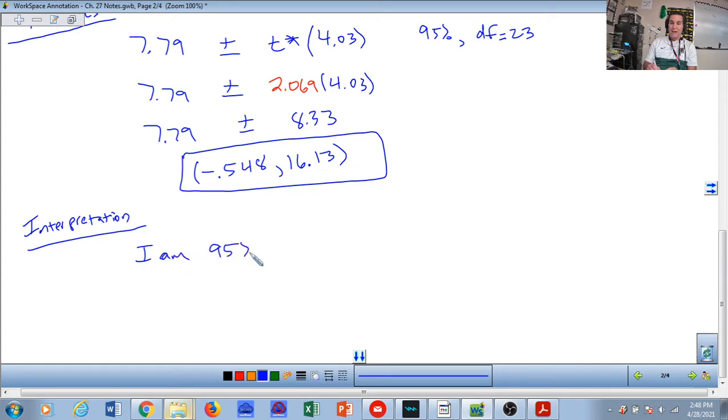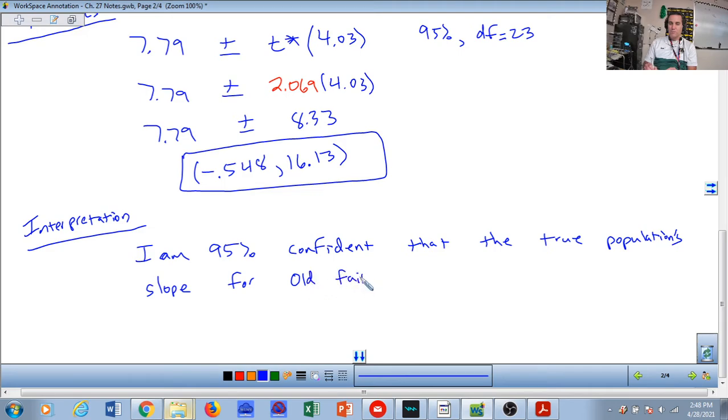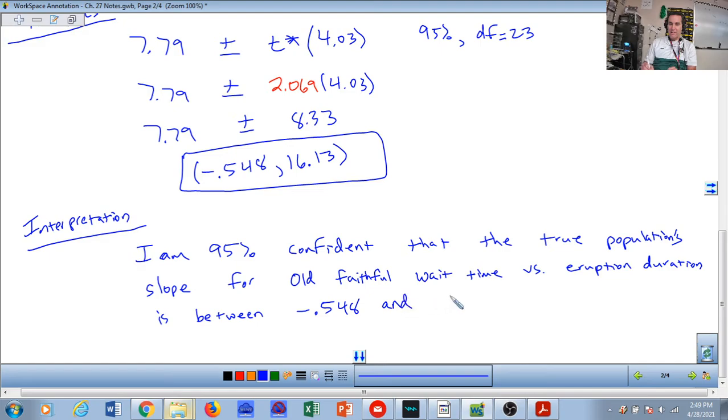I am 95% confident that the true population slope for Old Faithful, putting in my context here, wait time versus eruption length duration is between negative 0.548 and 16.13.